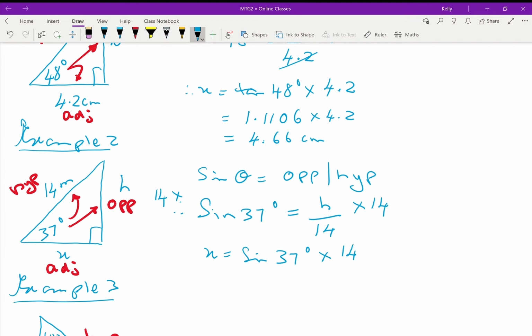Alright, so once I've got that, I can now put it in my calculator. So sine 37 degrees works out to be 0.06. Oh, sorry about that. I'll cross that out.